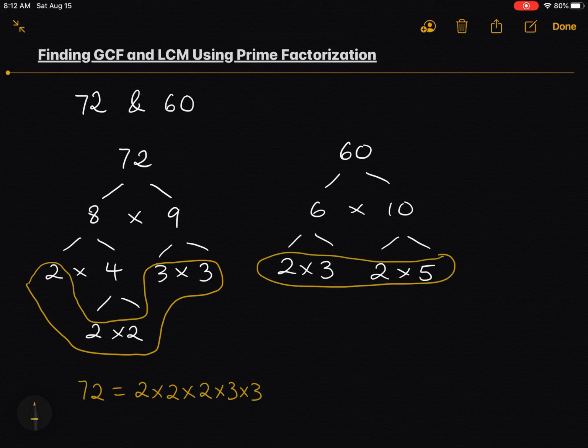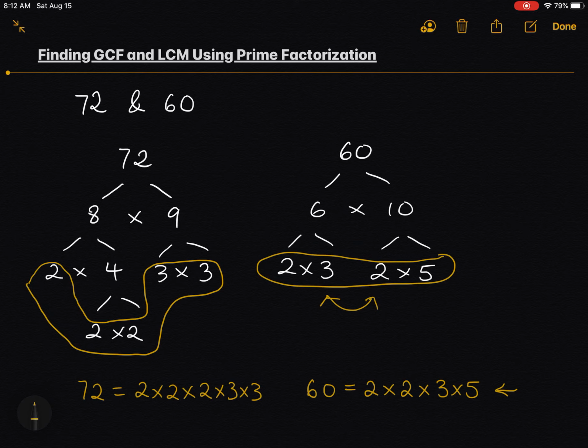Over here, we have 60 equals 2 times 2 times 3 times 5. I just swapped the order of these two because I want to have my listing of the numbers in order. It will be much easier for me to work with on the next step.